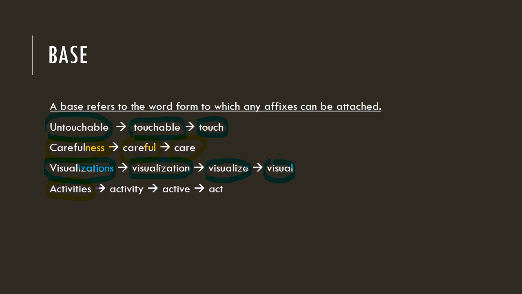Yang paling akhir dulu. So the base of the word activities is activity without s. What's the difference between this one and this one? This is the plural form and this is the singular form. Okay, what is the base of the word activity? It is active. And the base of the word active is act.